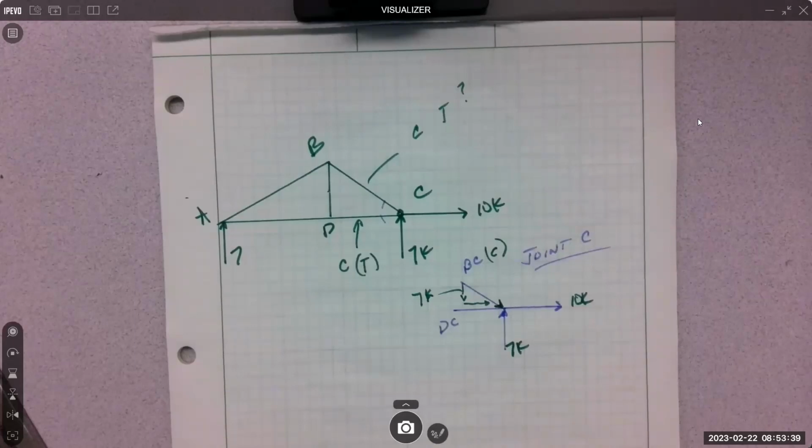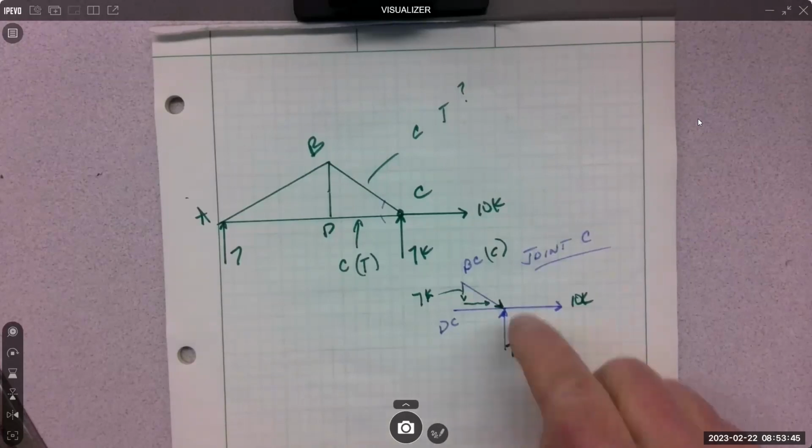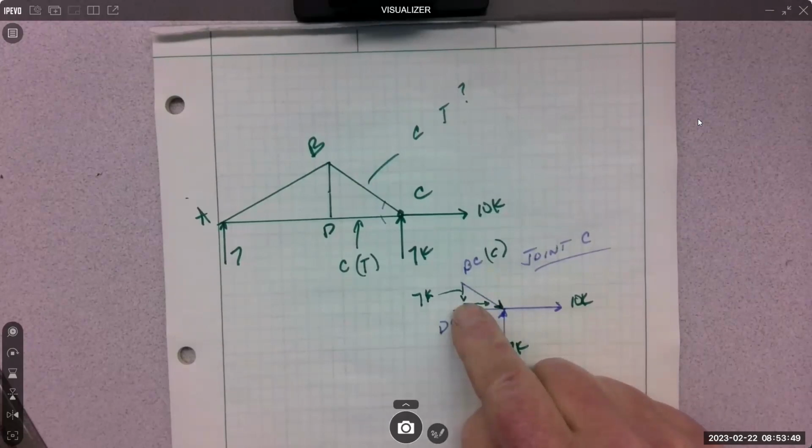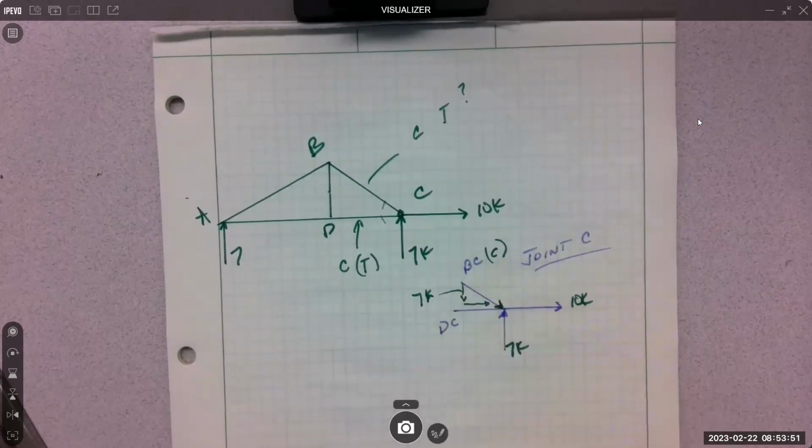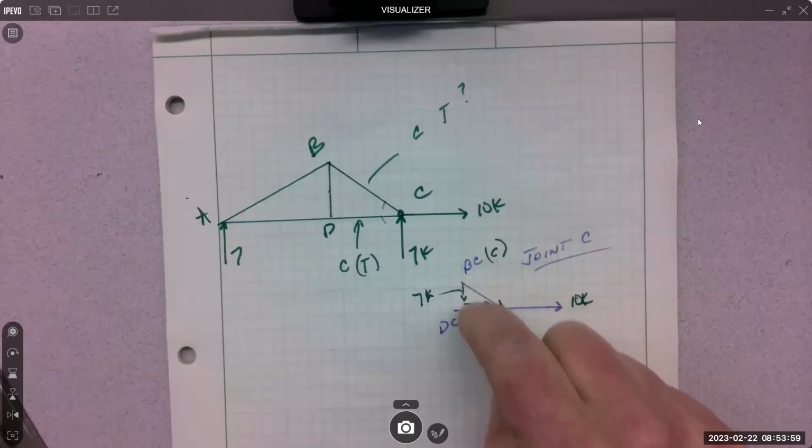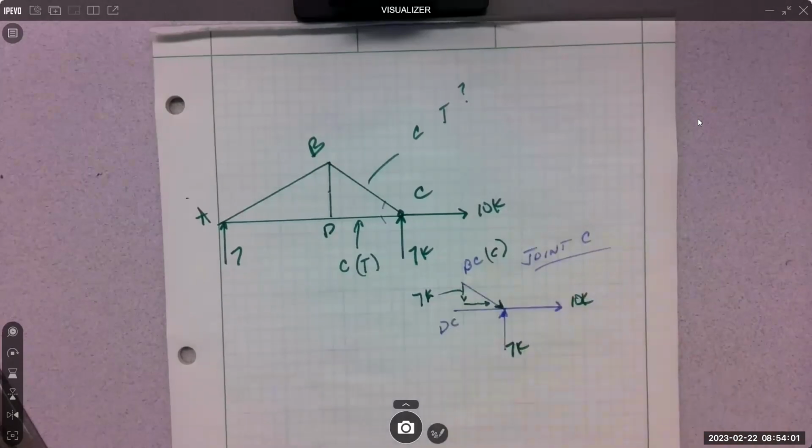The only way I could determine that would be by looking at the y forces in my head. Like the y forces at this joint, 7K up, 7K down. That's it. So you look for that direction where there's only one unknown, right? I stay away from the x because there's 2 unknowns in the x and there's 3 total forces in the x.